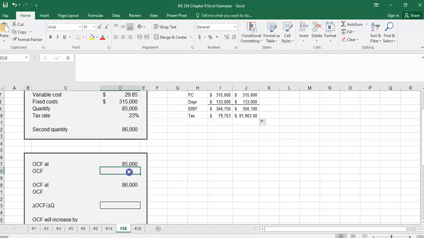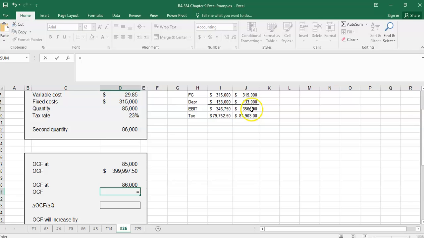So our operating cash flows at 85,000 is our EBIT plus depreciation minus taxes. And at 86,000, the earnings before interest and taxes plus depreciation minus taxes.